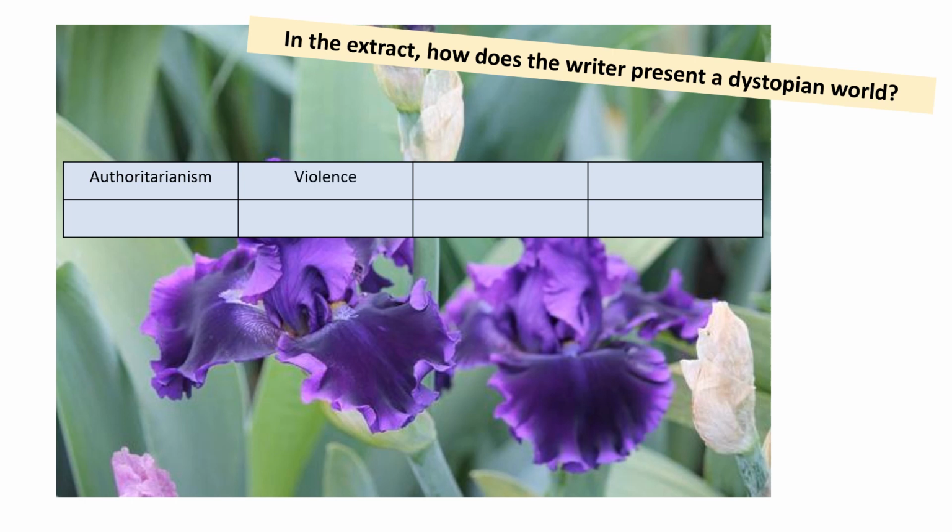We know that there's either violence or the threat of violence constantly in a dystopian society. We know that the citizens in a dystopia live under surveillance. They do not have privacy and they do not have freedom. We know that dystopian societies involve captivity. The citizens are not free to do as they wish, or else they can be imprisoned for the slightest thing.